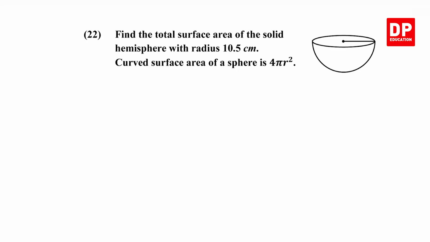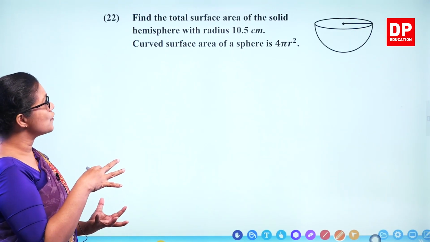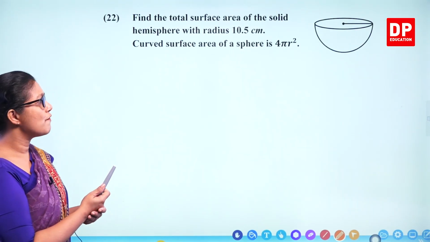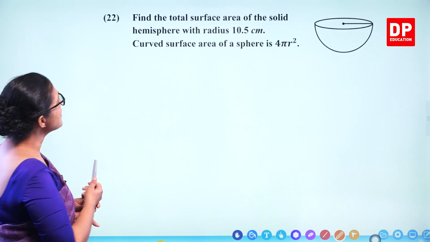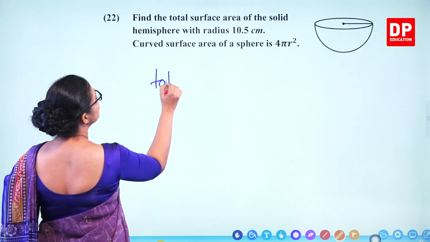Question number 22. Find the total surface area of the solid hemisphere with radius 10.5 centimeters. Curved surface area of a sphere is 4 pi r squared. So that's for the full sphere. So hemisphere means you have to divide by 2. So what's the total surface area?